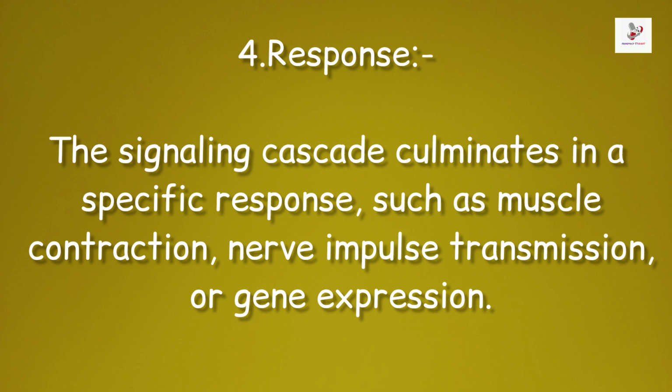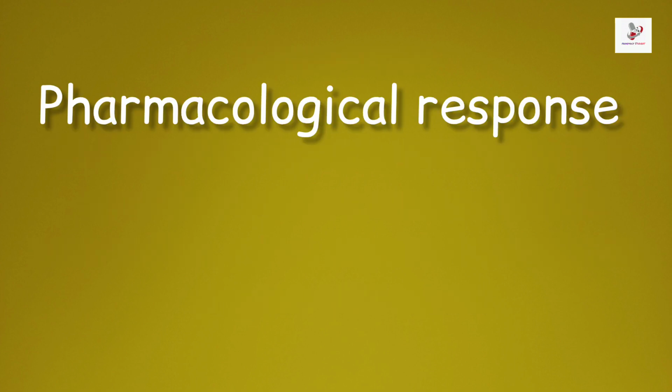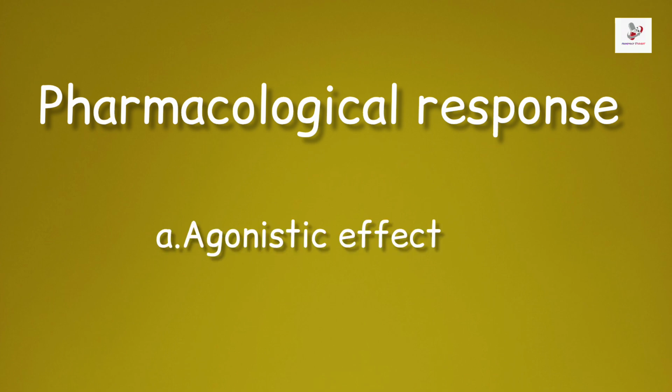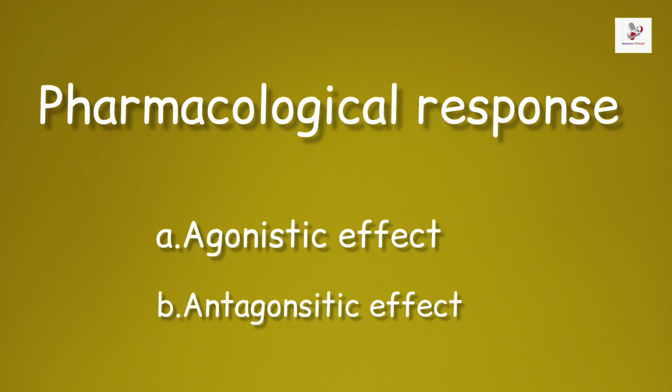There are two types of responses. One is pharmacological response, which has two types. First one is agonist effects. Activation of receptors leads to a physiological response. Example, pain relief from analgesics. And second one, antagonistic effects. In this, blockage of receptors inhibits physiological response. Example, antihistamines preventing allergic symptoms.